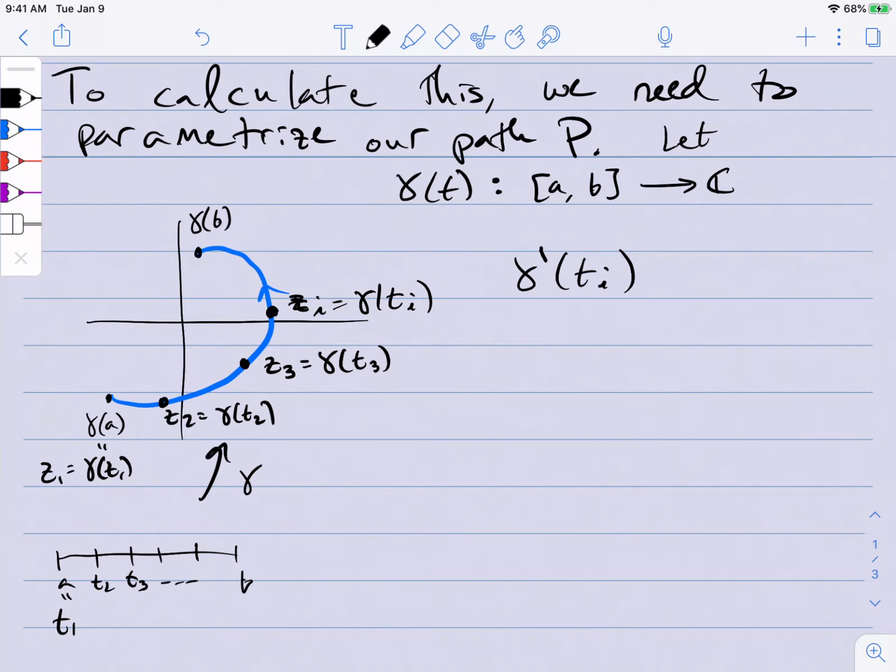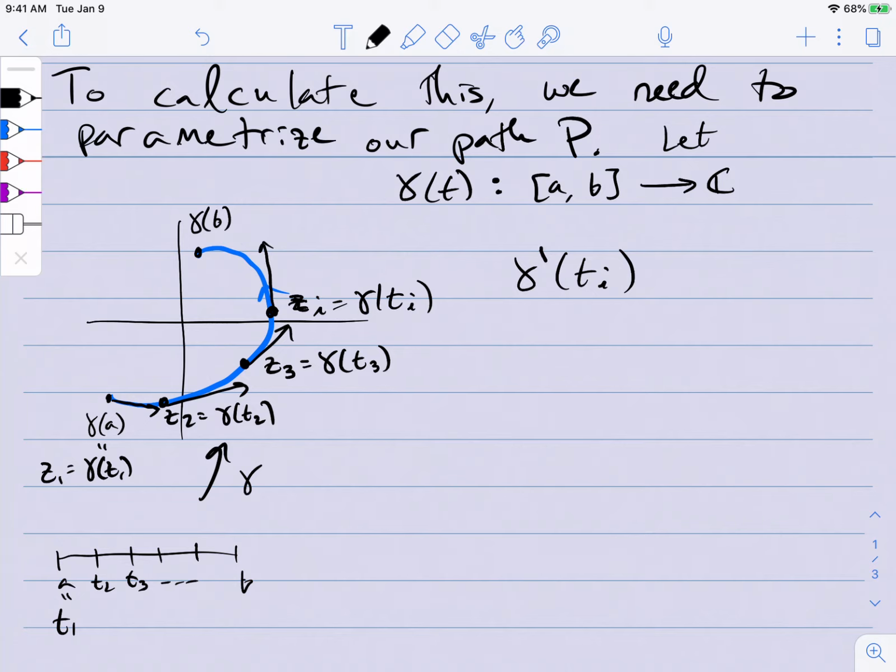And if I attach it to zi, it's going to be tangent to the curve. And so if I do that at each of the ti's, I get a bunch of vectors tangent to the curve. And so if I scale them appropriately, they kind of give a nice approximation of these segments of the path, exactly because they're pointing in the right direction.